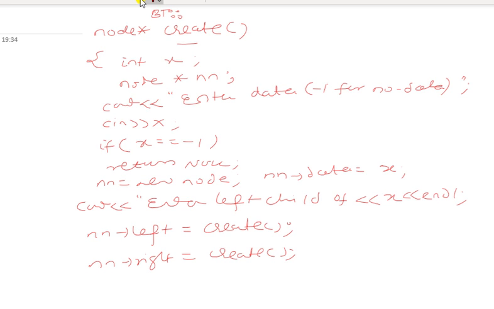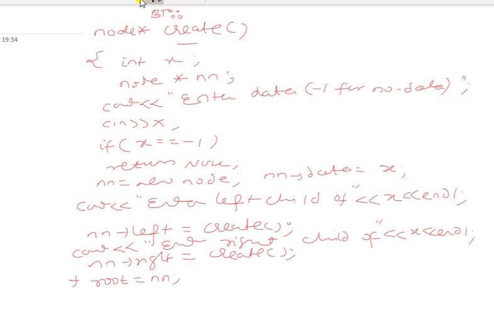And then here cout enter right child of x, like this you can say. Then you are ready now. Your nn itself will become root, so assign nn to root and then say return nn. So recursively whenever you write the algorithm, you have to have a return statement for it. This is how you are able to create a tree.